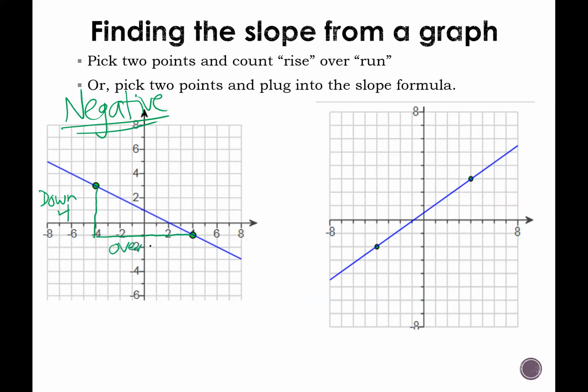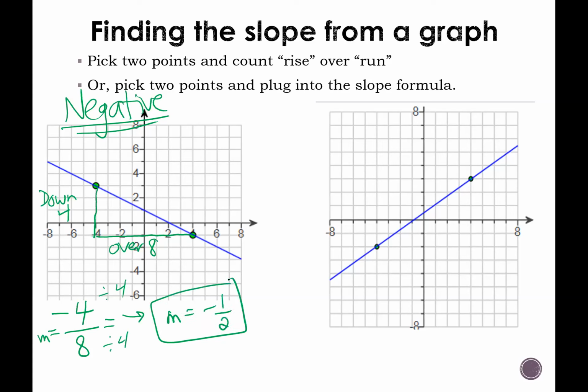Over 8. So down 4, that means I'm writing -4 over 8. Now I'm getting a fraction. I should reduce by dividing by a common factor of 4 here. So my final answer here would be -1 over 2, or -1/2.